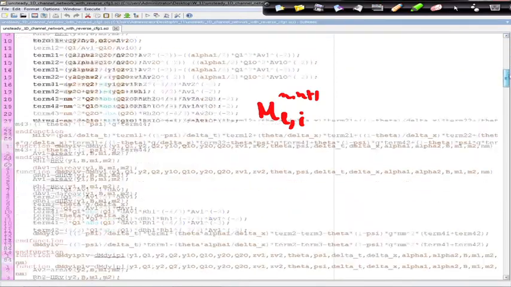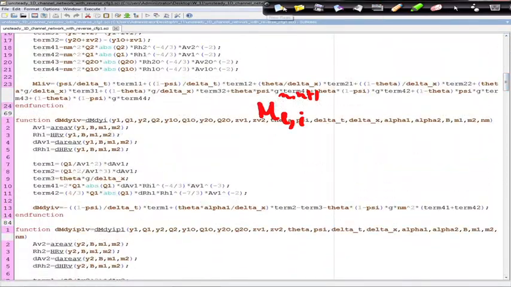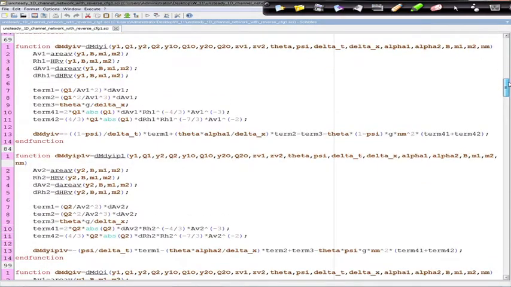Next is specification of dM by dy_i, this is dM by dy_i plus 1.